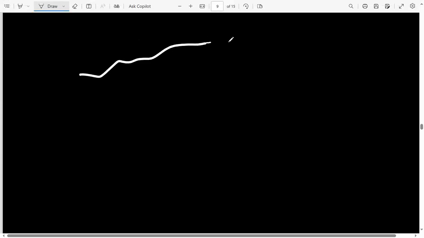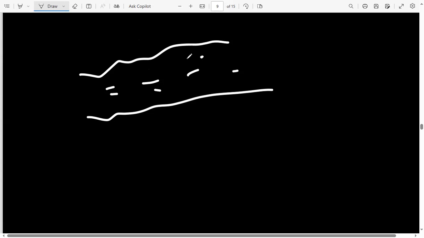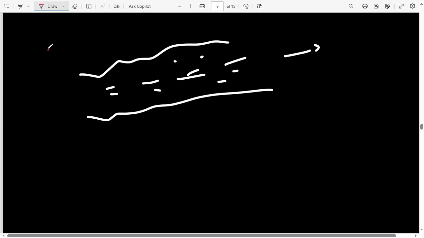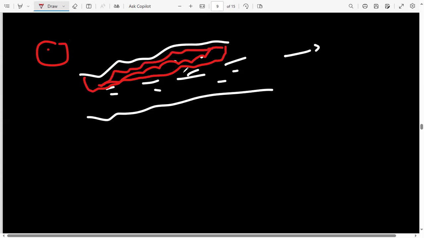If I have this as an artery, blood flows in this direction. When you start eating a lot of cholesterol or food that contains cholesterol, that cholesterol starts building up in these arteries. All this here will be cholesterol.